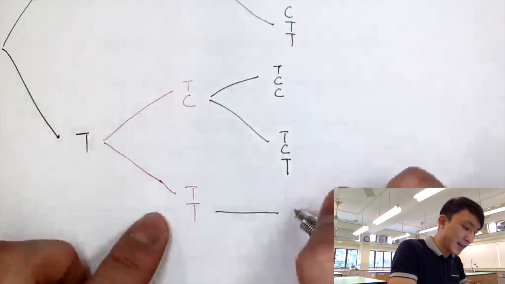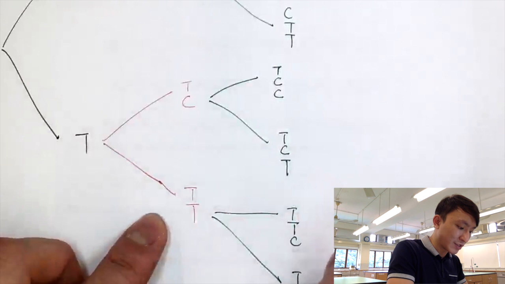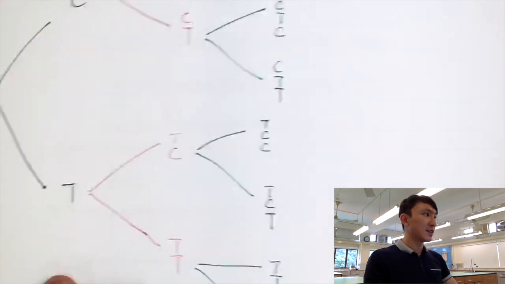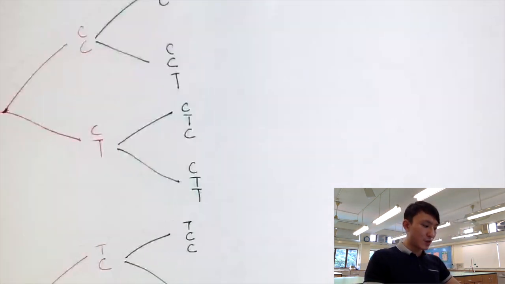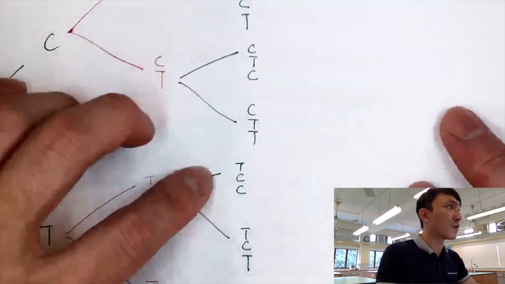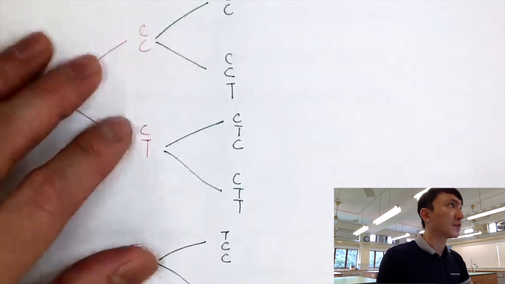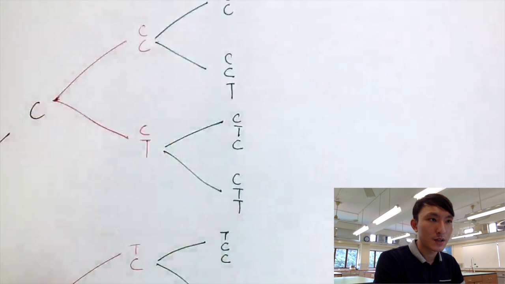And lastly, we can have trans, trans, cis, and trans, trans, trans. Okay? So altogether, we have 1, 2, 3, 4, 5, 6, 7, 8. 8 combinations. So does it mean that there are 8 isomers?